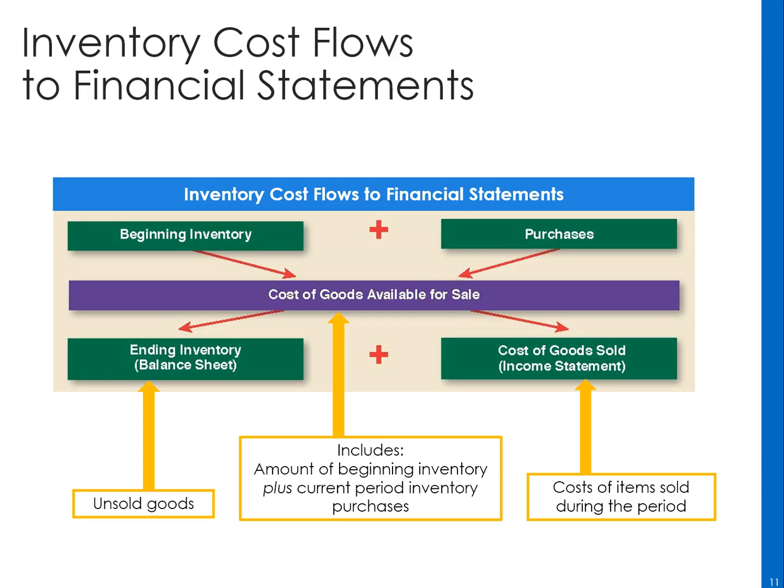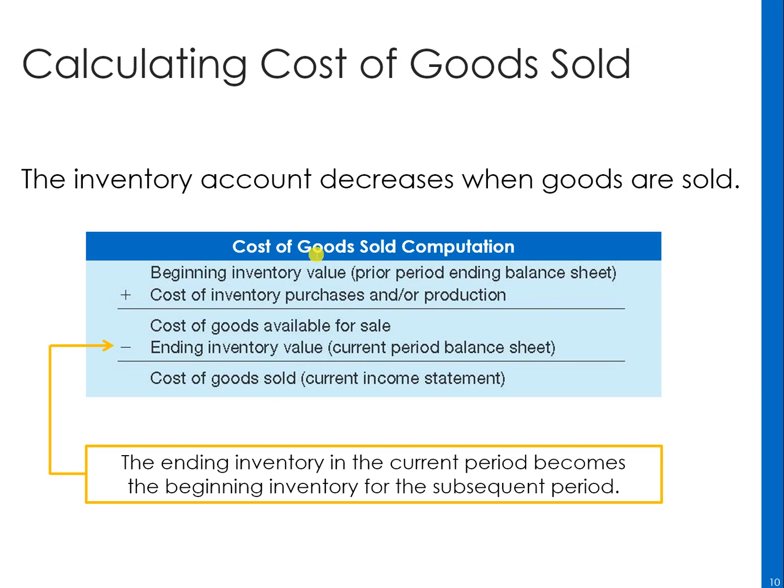In a periodic inventory system, we don't record cost of goods sold or the reduction of inventories during the period. Rather, by the end of the period, we can account our end inventory and use this formula to calculate cost of goods sold.